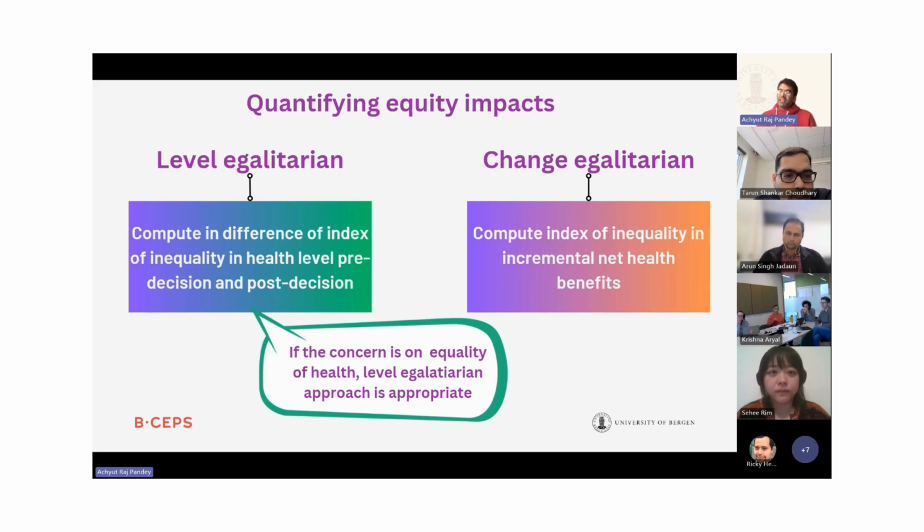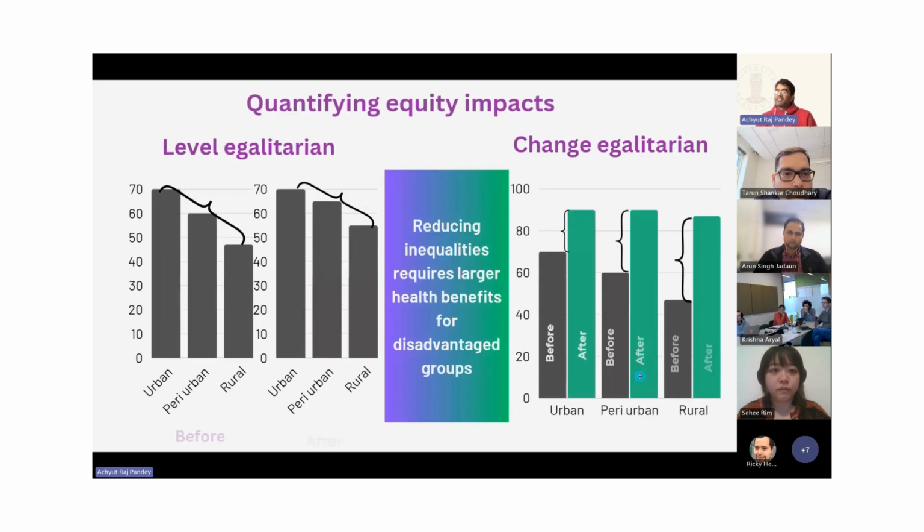When we are particularly concerned about the inequality in health, the level egalitarian approach is slightly more preferred. Let me make it slightly more clear based on an example. The chart I have prepared here deals with institutional delivery, for example. There are differences in the institutional delivery rates in urban, peri-urban, and rural settings before the intervention or before the decision we made.